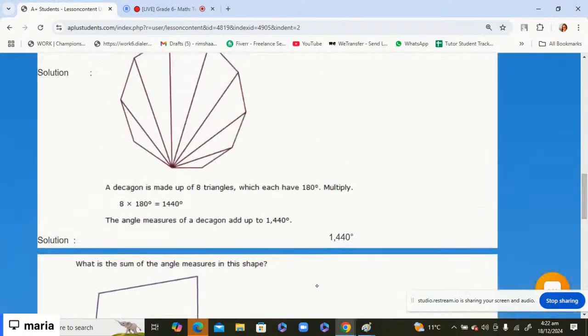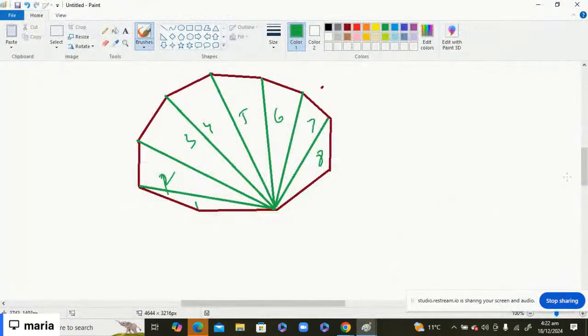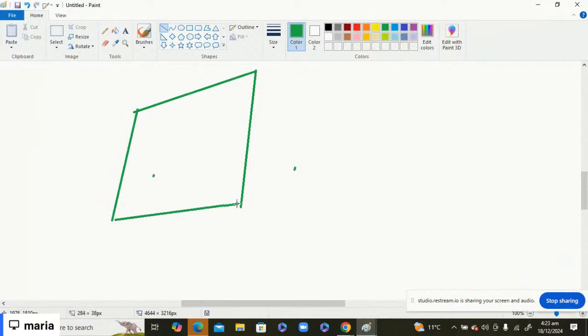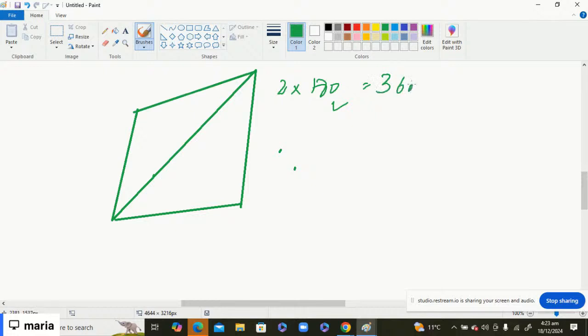Convert it into two triangles. If the shape is given in this form, you are going to convert it into two equal halves. You're going to say 2 times 180.